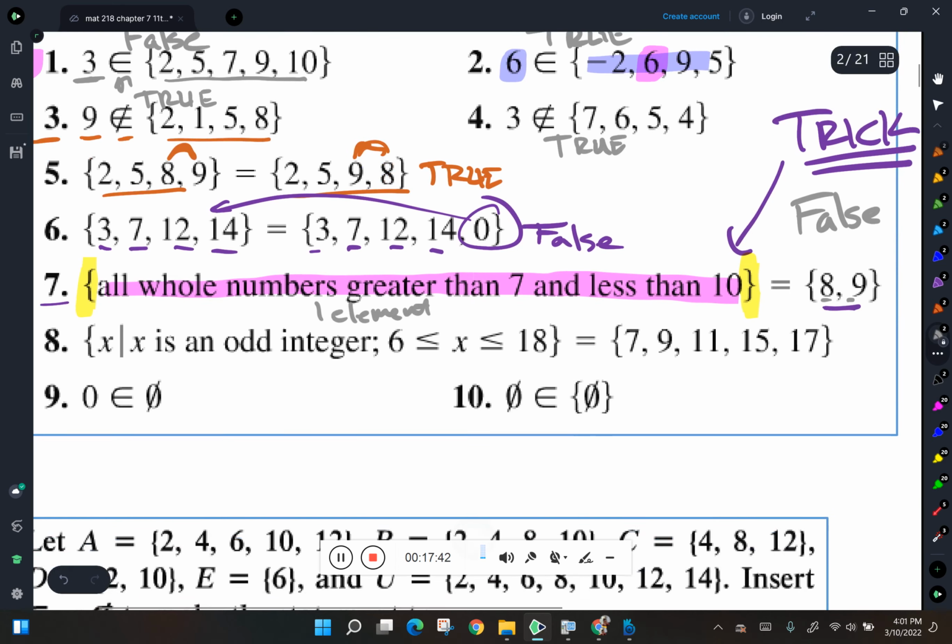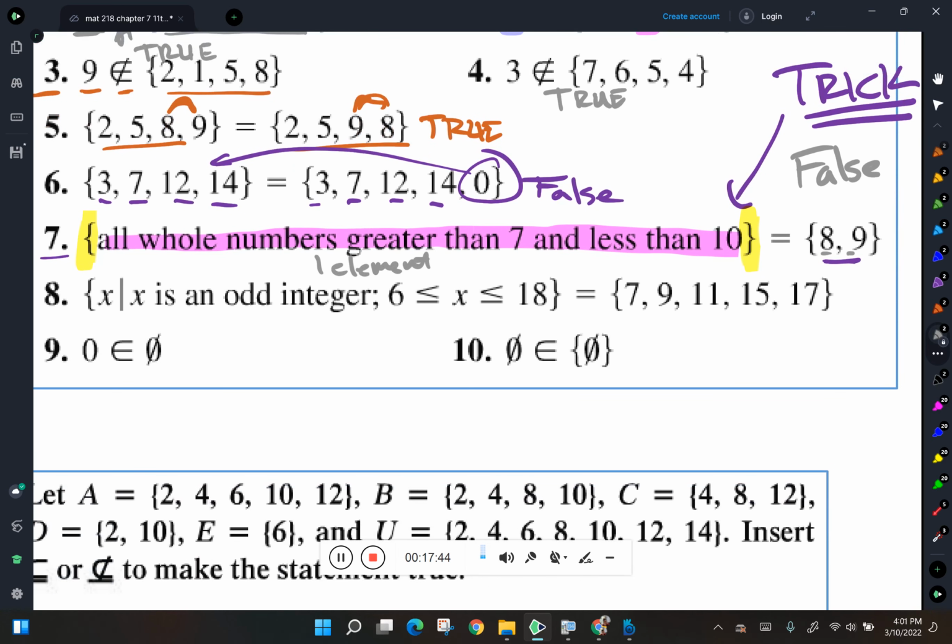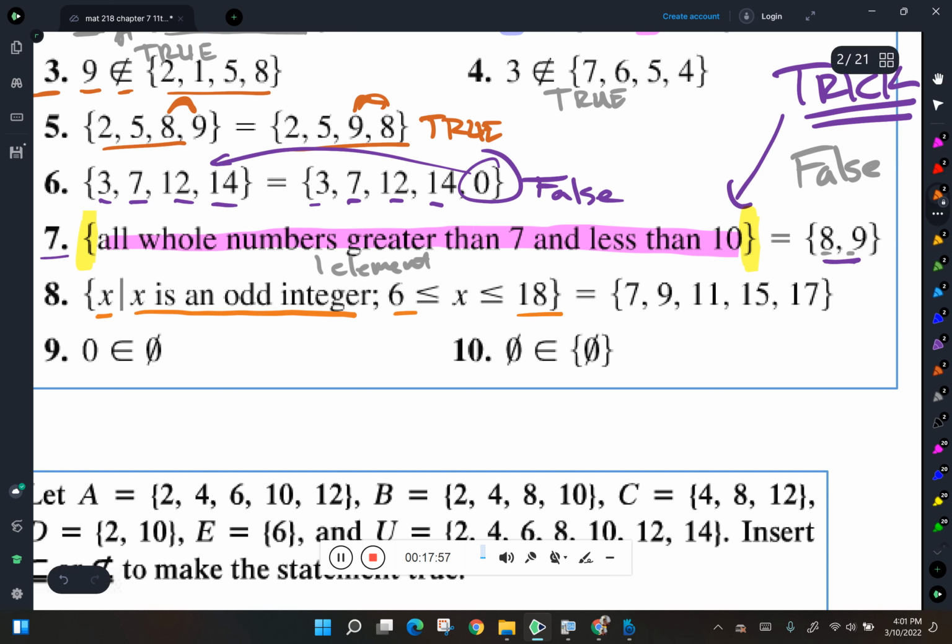Now let's take a look at number 8, which has been done correctly. Number 8 says on the left, I've got a set builder notation defined set where it's all of the x's such that x is an odd integer between 6 and 18. So what are the odd integers between 6 and 18?